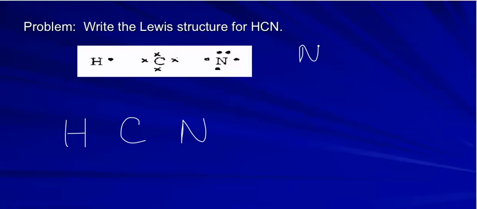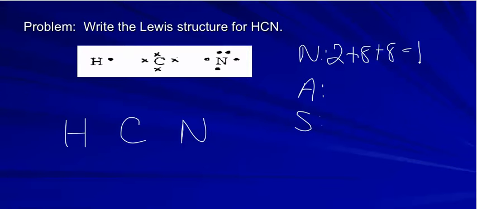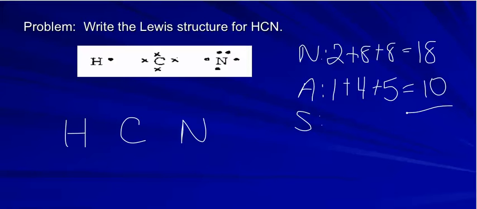We could do N minus A equals S. Number needed, hydrogen needs 2, carbon needs 8, and nitrogen needs 8. Total of 18. Available, hydrogen has 1, carbon 4, nitrogen 5. 18 minus 10, number shared, is 8.